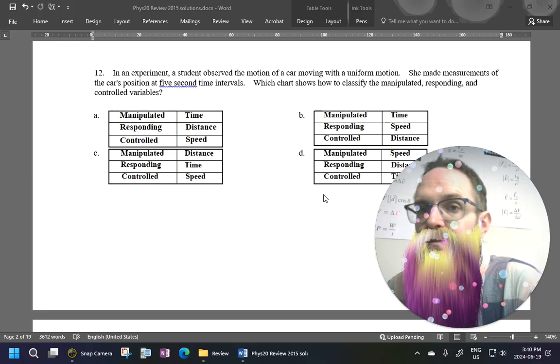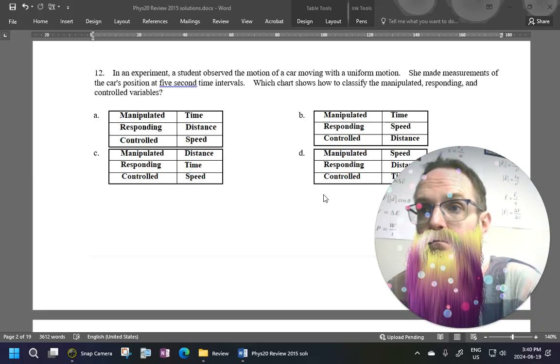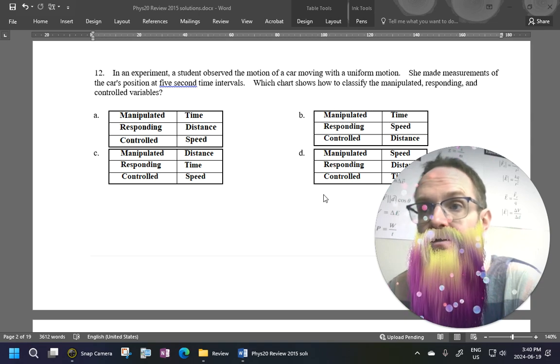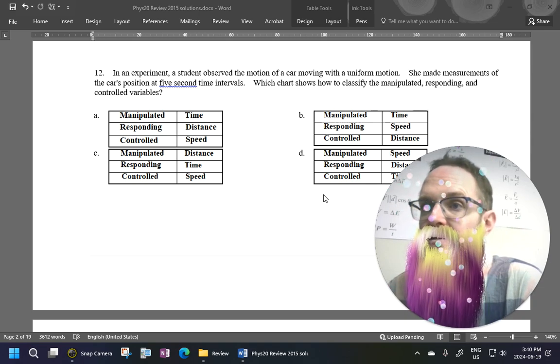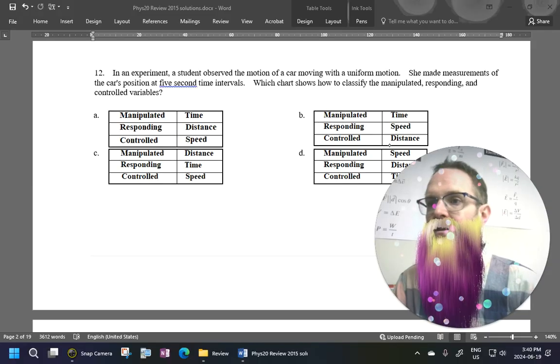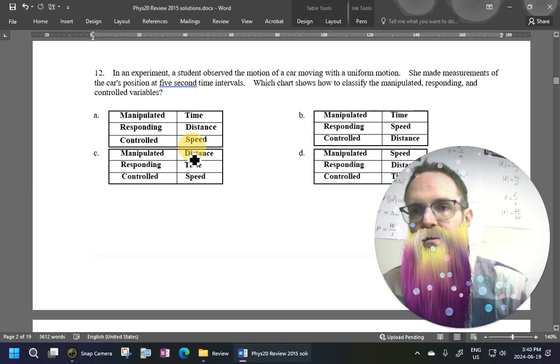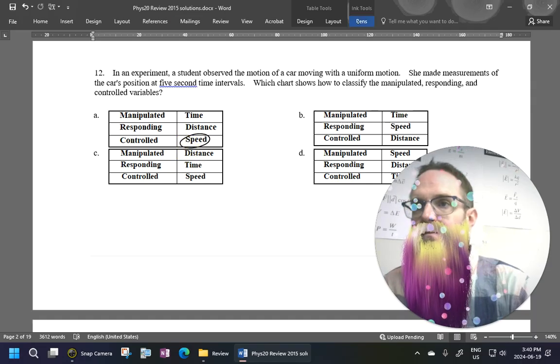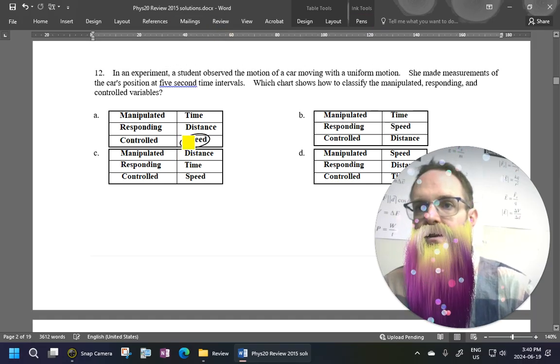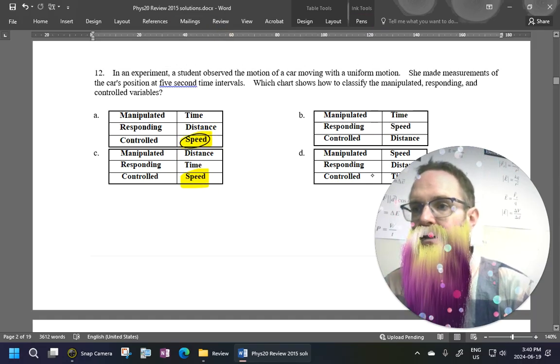So she didn't measure the speed. It's moving with uniform motion, so they controlled the speed. So I like these two because they're controlling the speed, right? That's good. Maybe I'll use the highlighter for this one. But I don't like these ones over here.